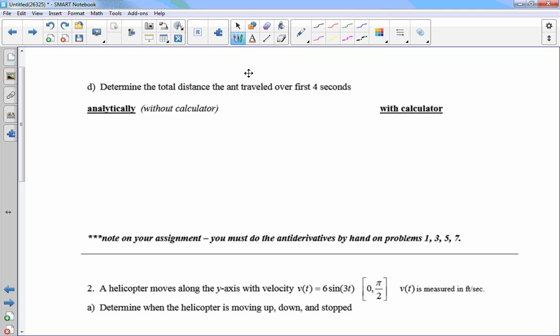Okay. The distance over 4 seconds would be the integral from 0 to 4 of the absolute value of the velocity. Okay, so we have 2 parts of the absolute value.